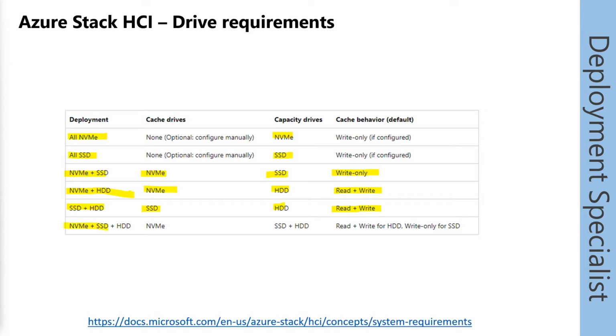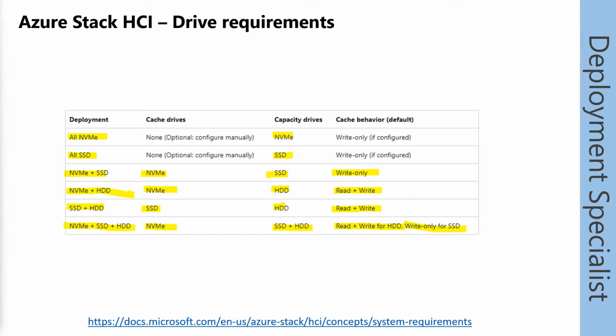If we have this 3-tier configuration, the NVMes are for cache, SSDs and hard disks are for capacity, and we have 3 storage layers where we have a mixed behavior. We have a read-write cache configuration for the combination of NVMe and hard disks, and we have write-only for the SSDs.